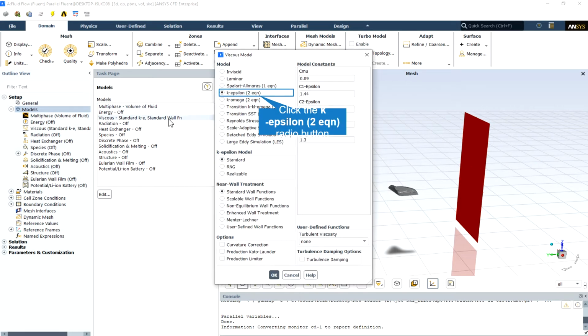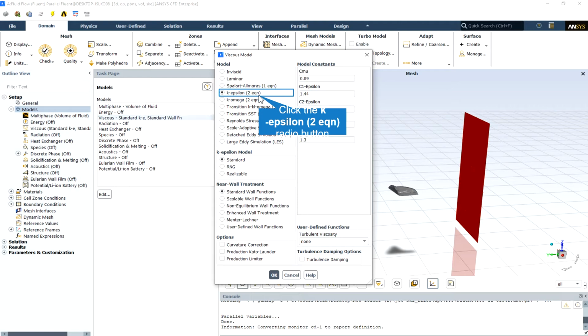In the viscous model, the standard k-epsilon model has been used. That is a two-equation turbulence model that allows the determination of both a turbulent length and time scale by solving two separate transport equations.